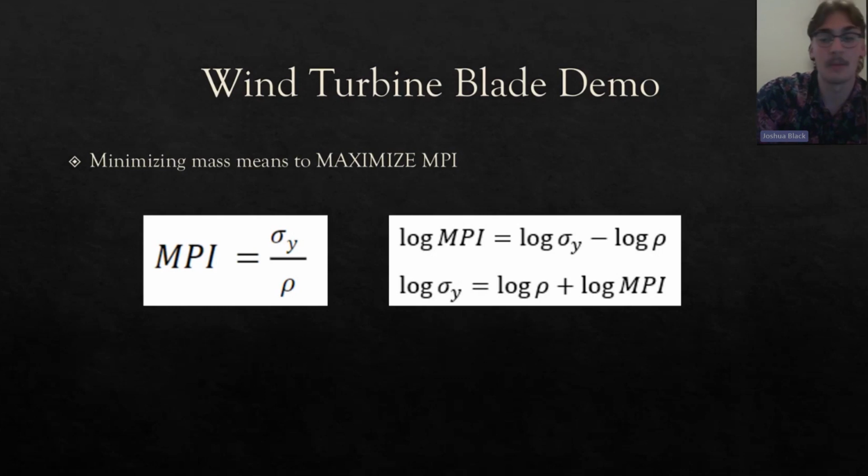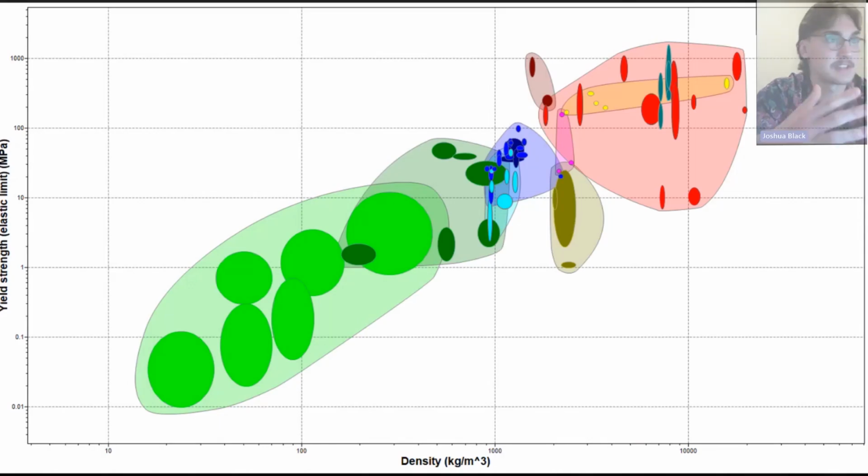From there, I hopped into Granta and I made an Ashby chart. And then we have this Ashby chart show up here with the density on the x-axis and the yield strength on the y-axis. Now, all of these bubbles here are just a bunch of families of materials. And I'm actually going to hop into Granta right now and show you guys how I made these charts and show you guys a few tricks that you can use in Granta.